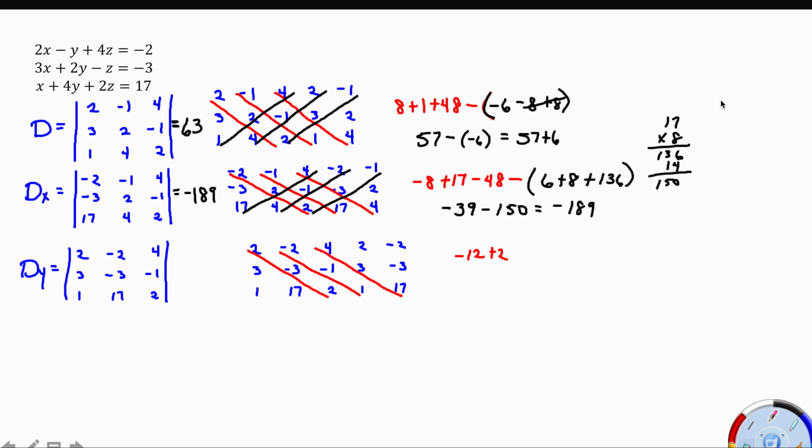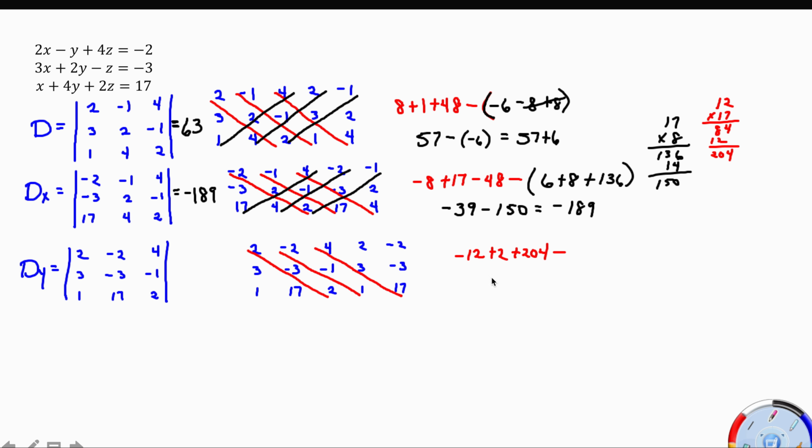So what do we have? 12 times 17, so 204, plus 204.